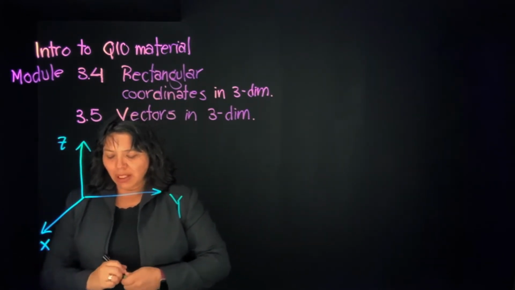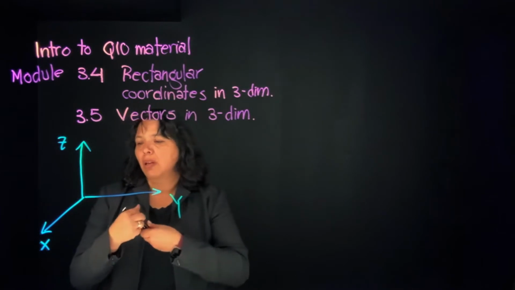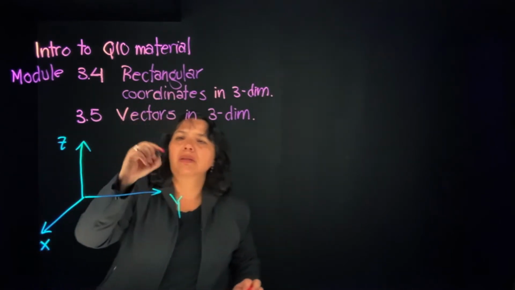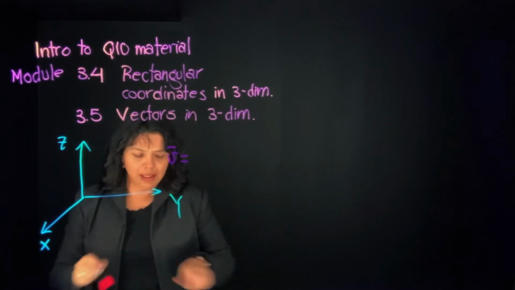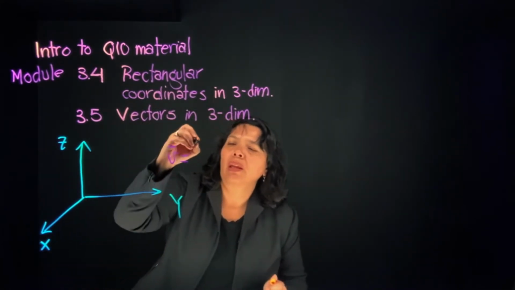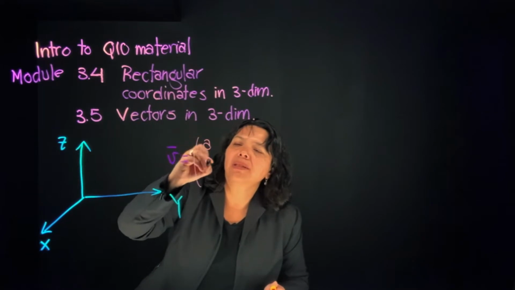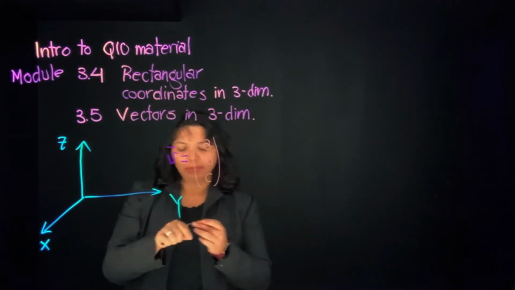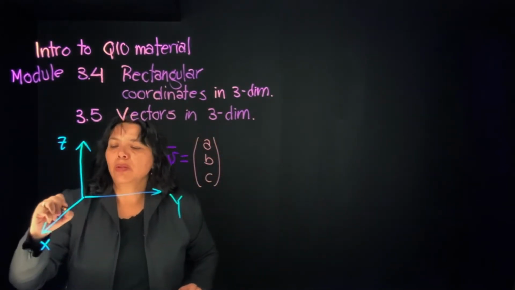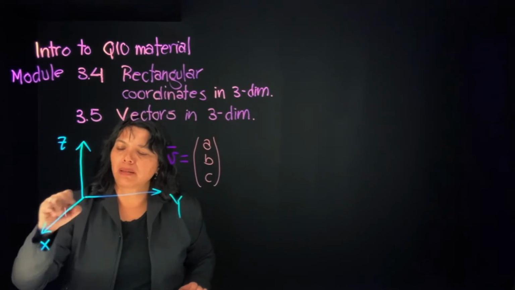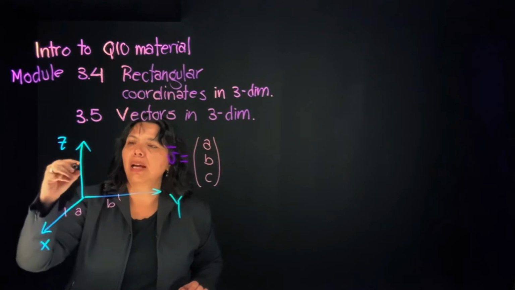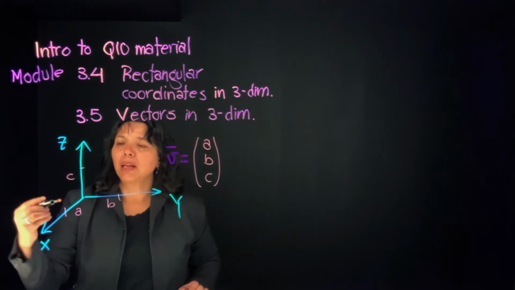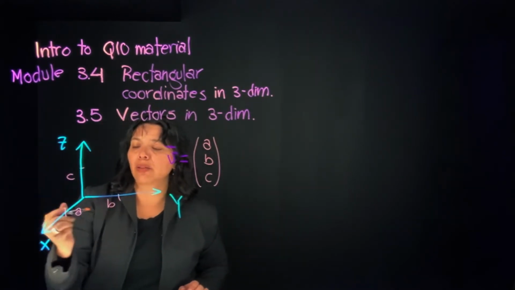Just for you to get used to a vector, say your vector V has coordinates A, B, C. Then you want to measure the quantity A along X, the quantity B along Y, and the quantity C along Z, but you want to go parallel to your axis.